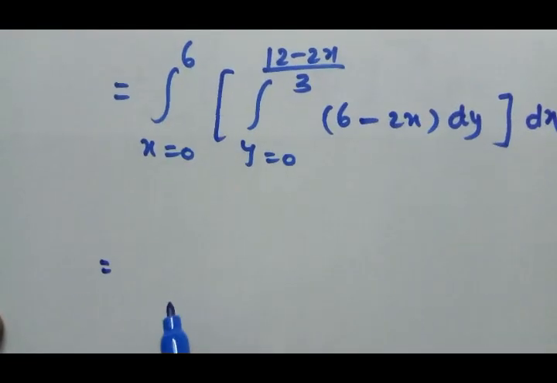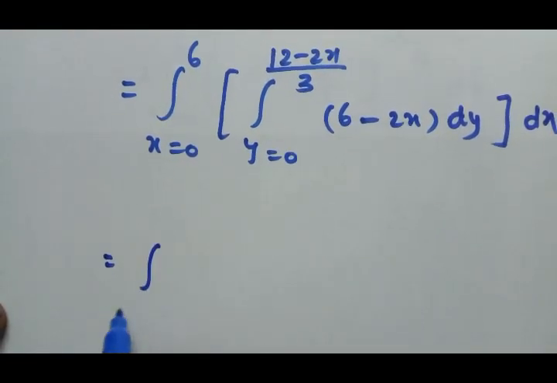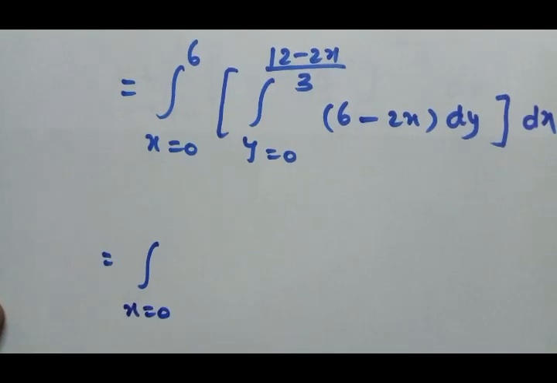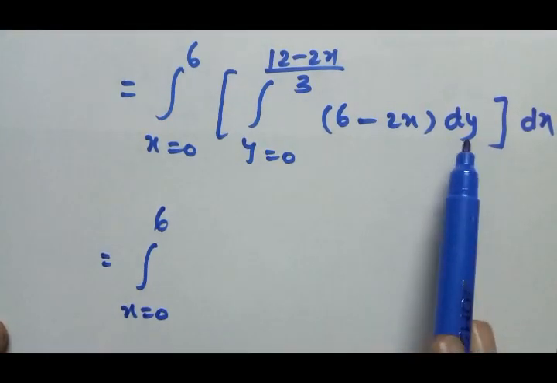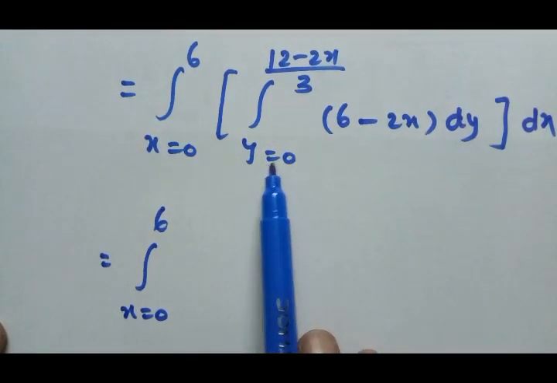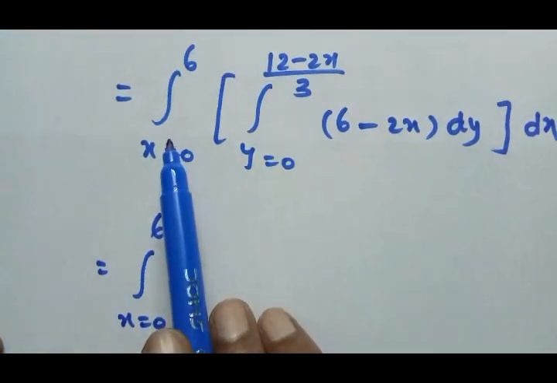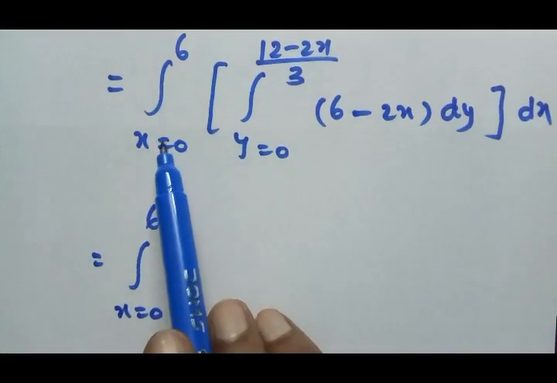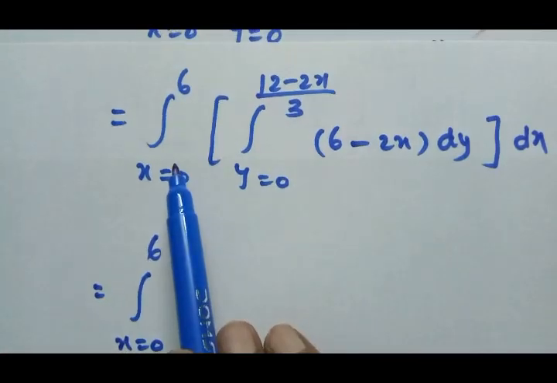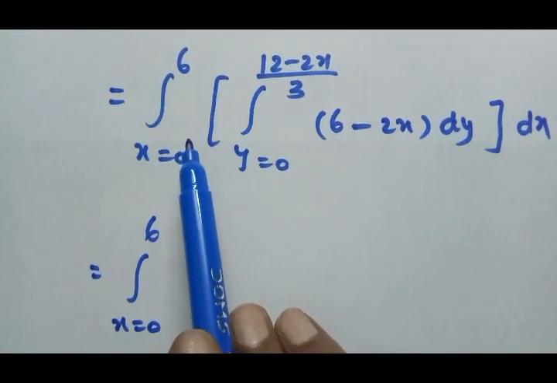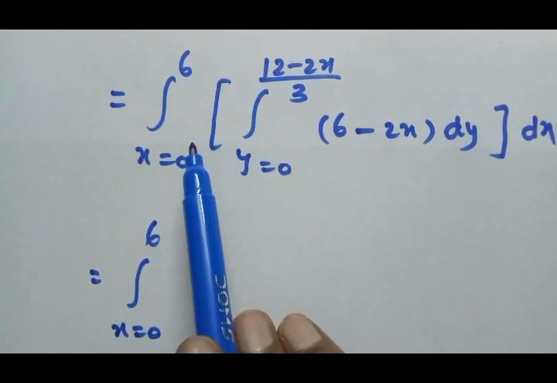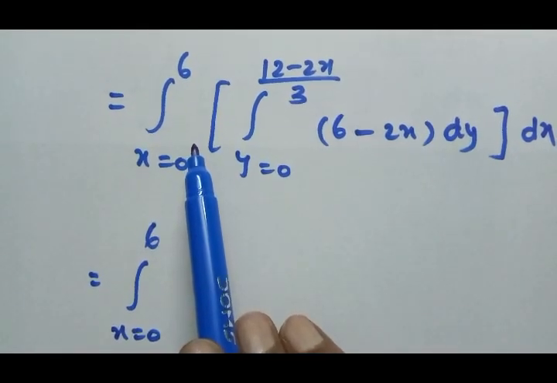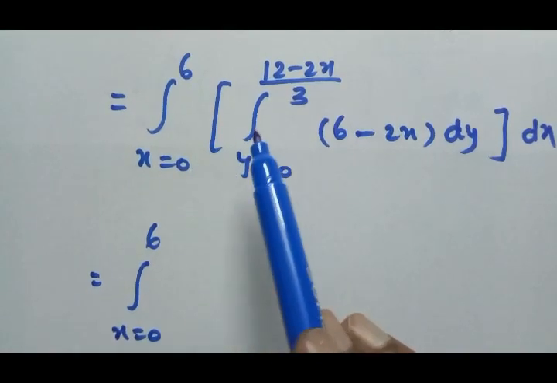Therefore, this can be written as integral x is equal to 0 to 6. Here first integrate with respect to y, since the limits of y are in terms of x, and then with respect to x, since the limits of x are constants. We already explained the procedure of multiple integrals in the multiple integrals chapter in the first year, first semester.